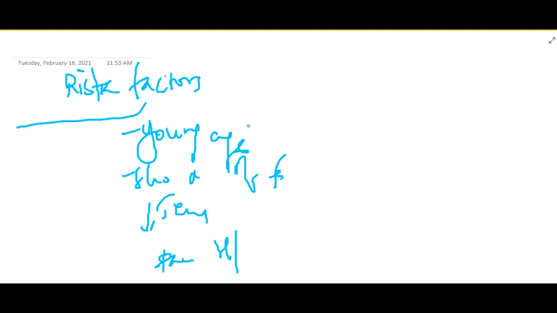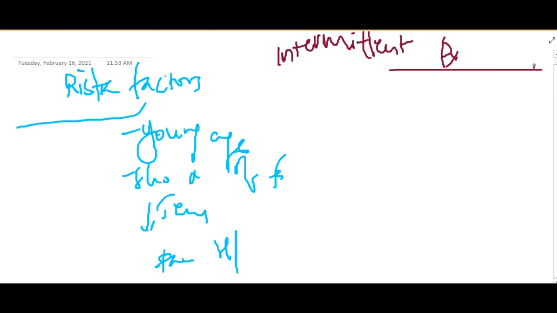To decrease the risk of recurrent febrile seizures, intermittent prophylaxis is recommended.